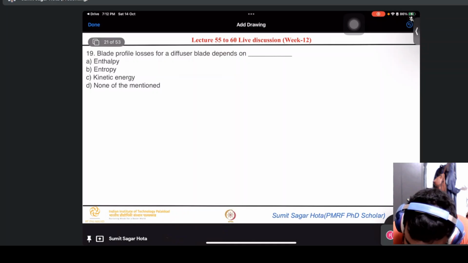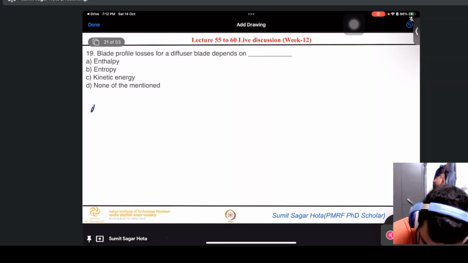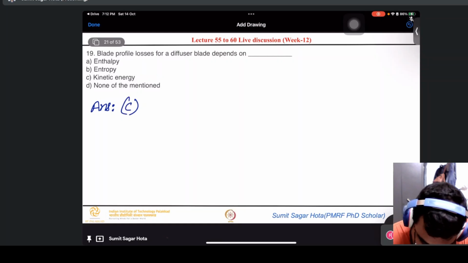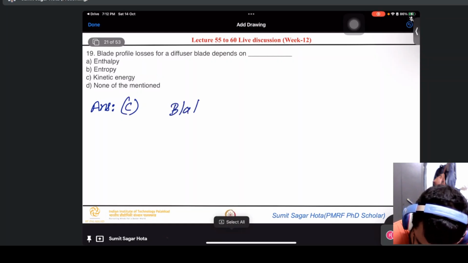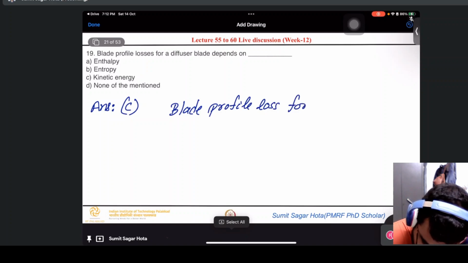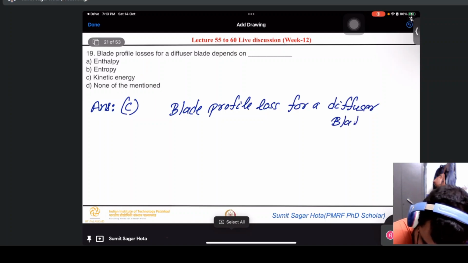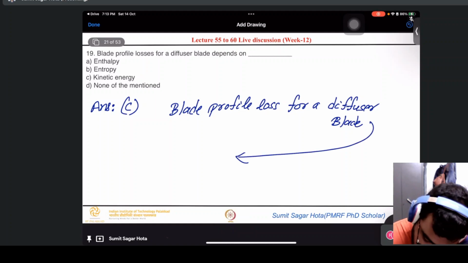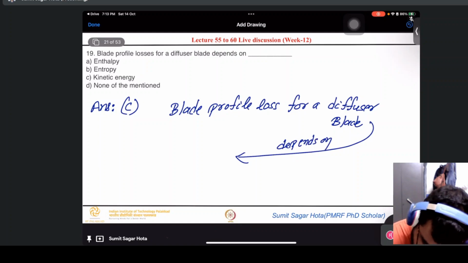It depends on the velocity, and if it depends on the velocity it means it depends on the kinetic energy. Depends on kinetic energy.